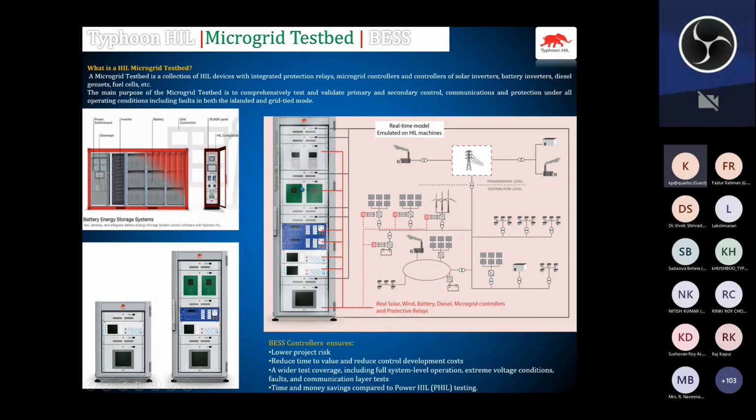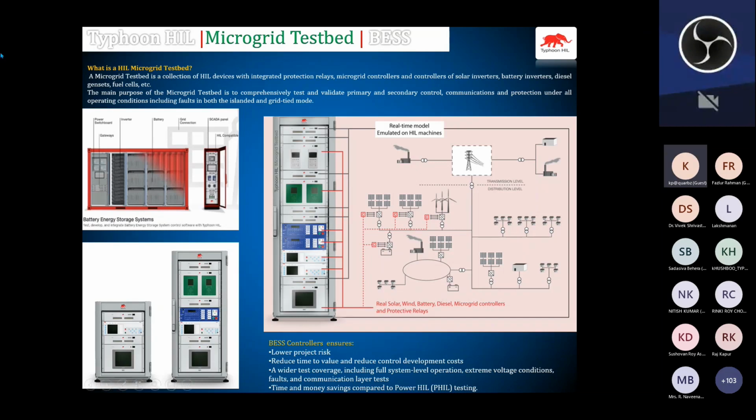This is the microgrid test bed, and this is the battery energy storage system, and this is how you will find the HIL compatibility with this, because this ensures lower project risk, because all of this is already tested, with wider test coverage including full system level operation, extreme voltage condition faults and communication layer test. So this is saving time as well as money as compared to your PHIL testing.